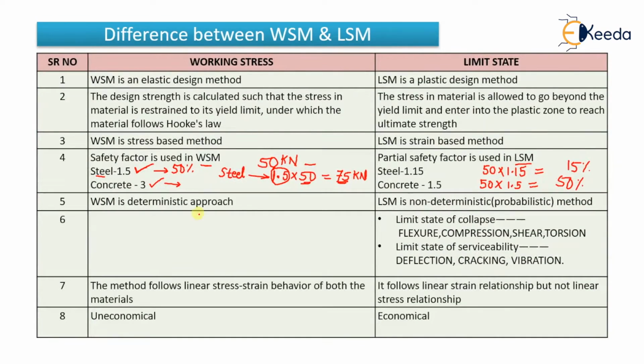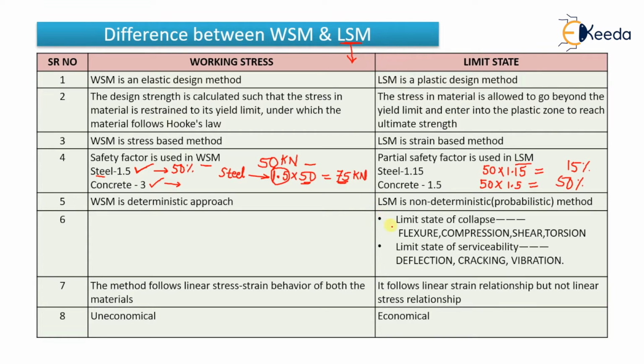The next point, types of working stress and types of limit states. See, types of working stress are not such cases, but we have types of limit states, and this point we have covered already in the separate video on limit state method of design. If you have not watched that video, please watch that video first.